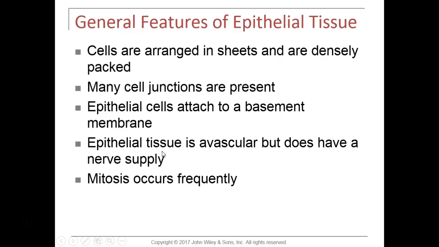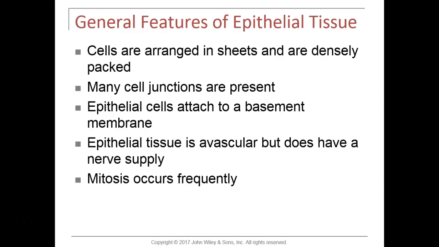So the general features of epithelial tissues for lining and covering is that the cells are arranged in sheets, and all of the cells are densely packed together, held together by many cell junctions.